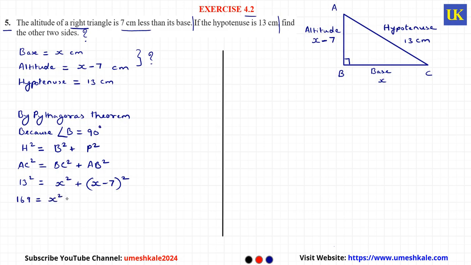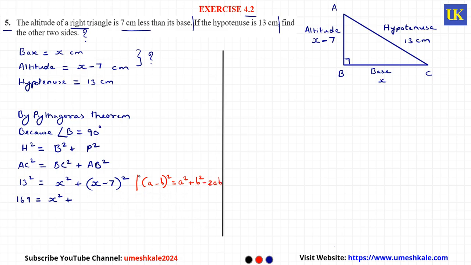x square we will keep as it is. And here we can apply this formula, guys: A minus B the whole square is A square plus B square minus 2AB.